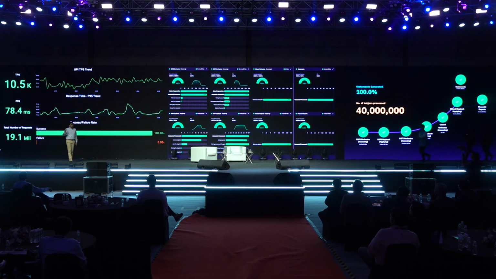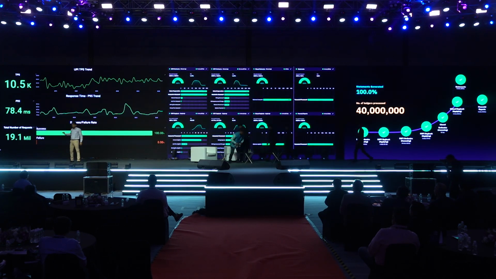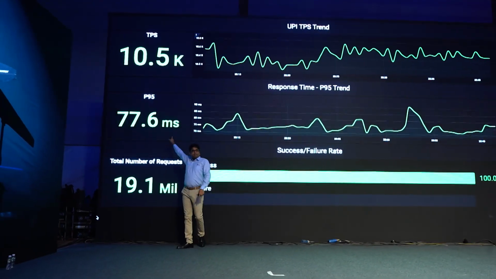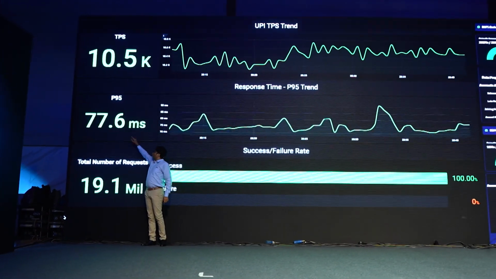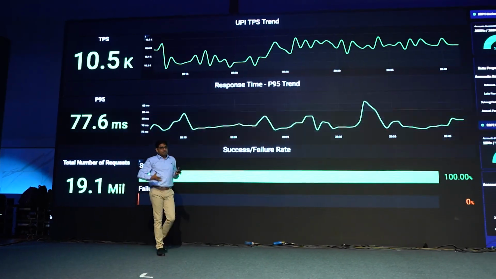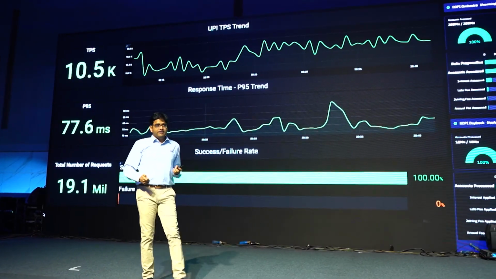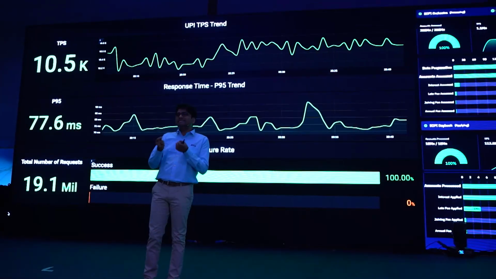These are UPI authorizations. Now, one number that he didn't tell you, but that you could see, and of significance, is this number, the P95. What is this? This says we're able to process every single authorization in 77 milliseconds.